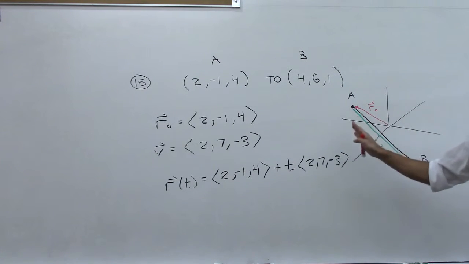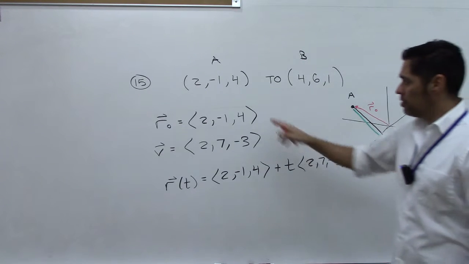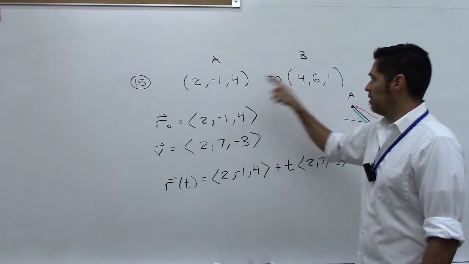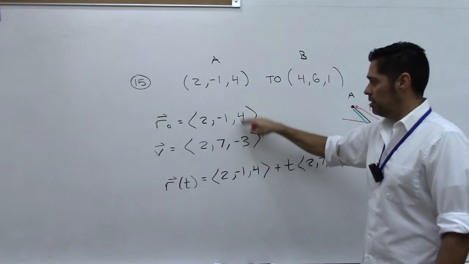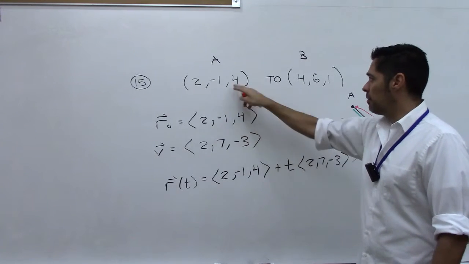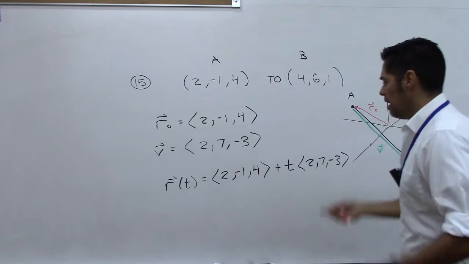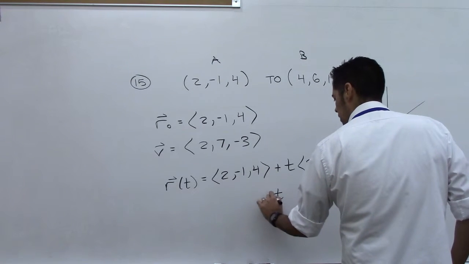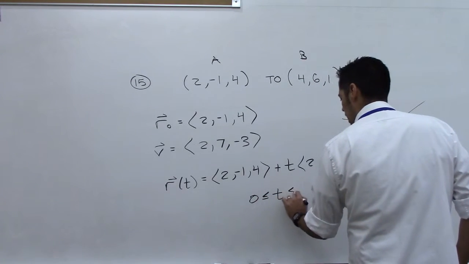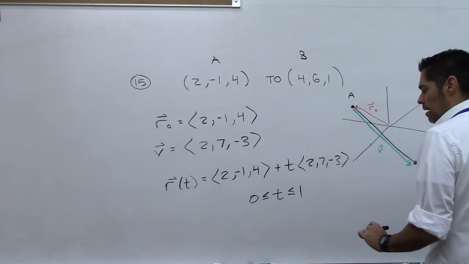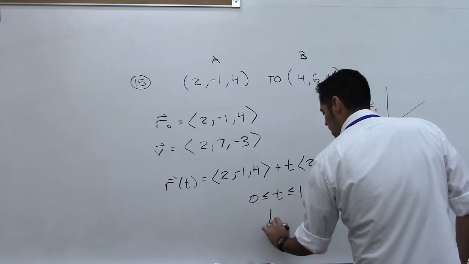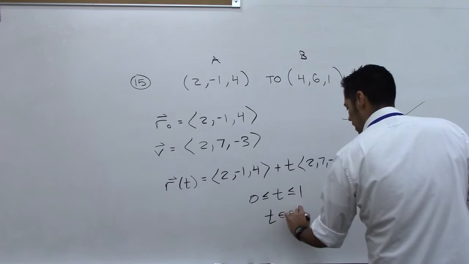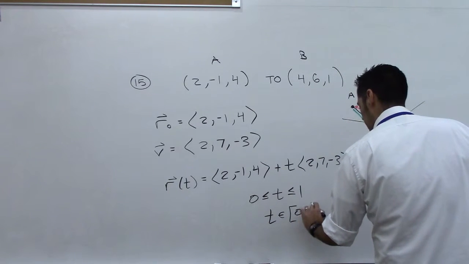But if you do it the way I showed you here, you start at this point going to this point, you convert this to the vector, you use the vector from A to B as your v, then you will always just restrict t between 0 and 1. You could also write that t is an element of the closed interval [0, 1].